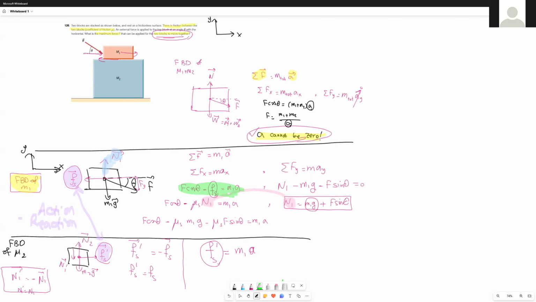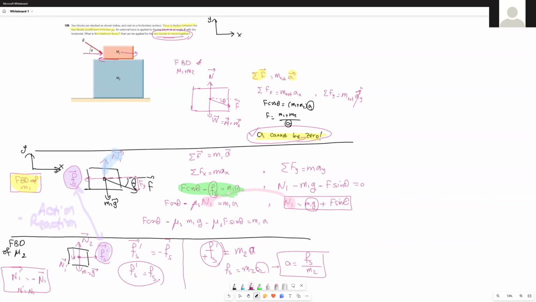So guys, I made a mistake here. That has to be M2. This has to be M2A. So this is the magnitude of Fs prime. Guys, I'm dealing with magnitudes and it is positive Fs prime. The magnitude of Fs prime and the magnitude of Fs are the same. So M2A. Now I have an expression for A. A is going to be equal to Fs divided by M2.